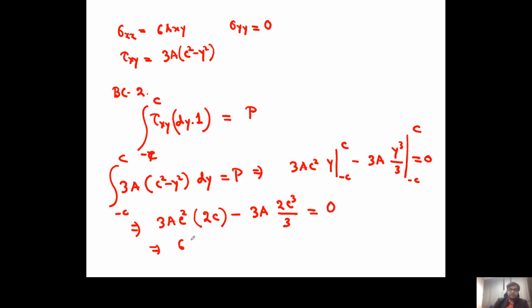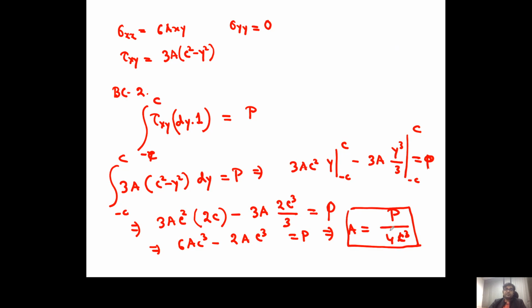So if you take it together, this is 6ac cube minus 2ac cube, and this is not equal to 0, this is equal to P. So 3 will cancel out, and minus 2a c cube is equal to P, which implies that A is equal to P divided by 4c cube.